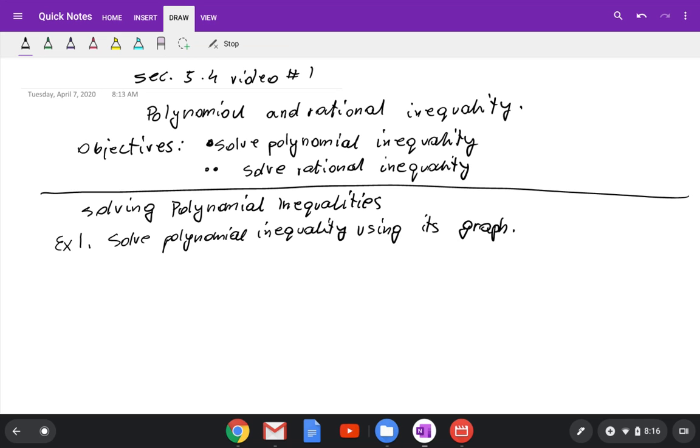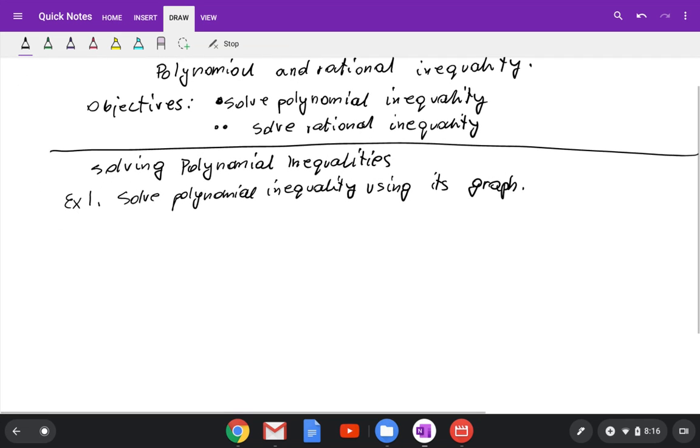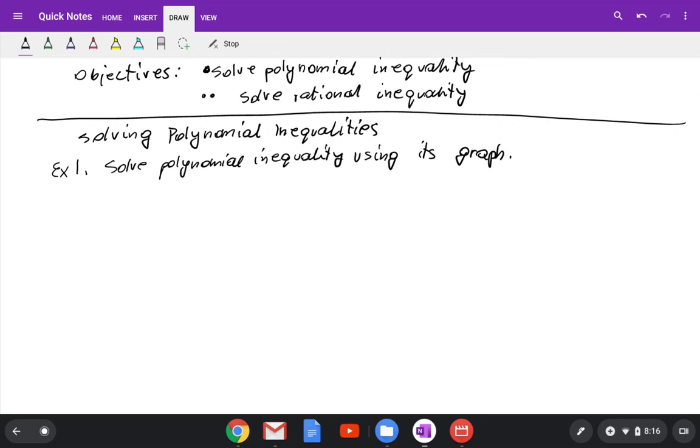So this one would be much easier if we have a graphing calculator and we can graph each polynomial inequality as a function, and then you can read the solution from the graph. I want to show you the example of how to solve that inequality using the graph, but in our class we'll focus mostly on solving them algebraically.